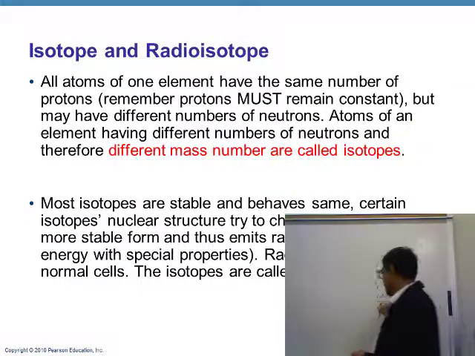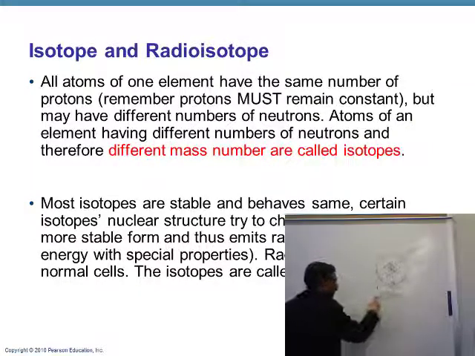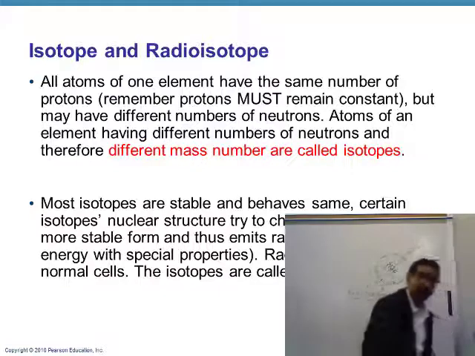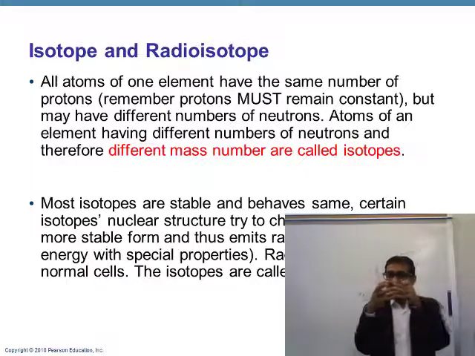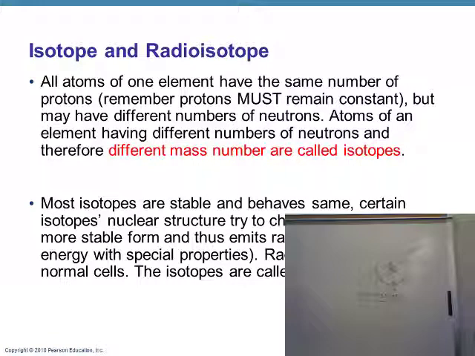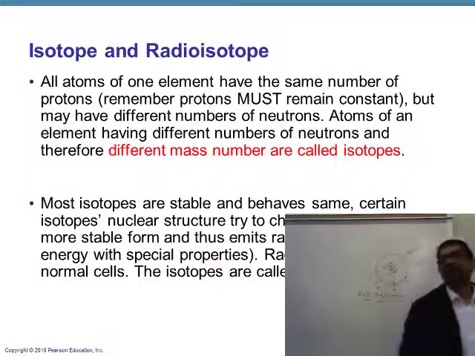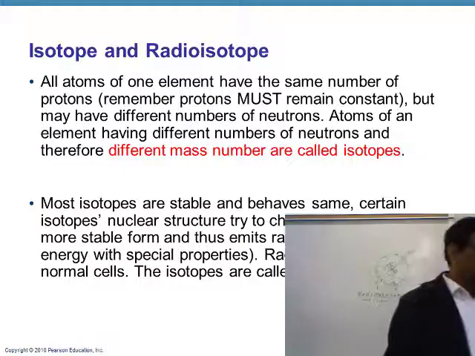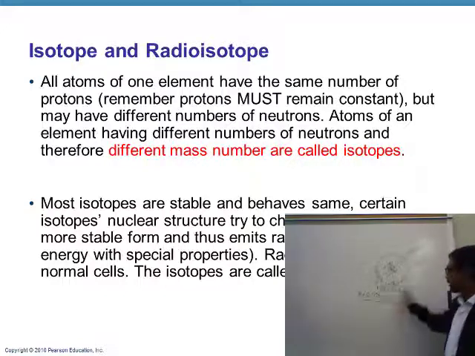In that case, this isotope will be known as a radioisotope. Make sense? Have you heard radioisotope? So, not all isotopes are radioisotopes. If the nucleus emits radiation from an isotope, that is a radioisotope. Okay? So, now you know atom, isotope, radioisotope.